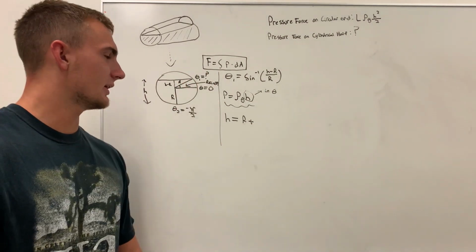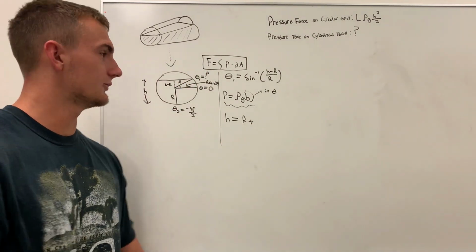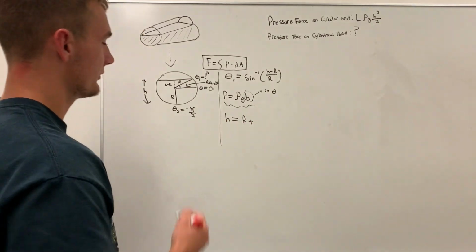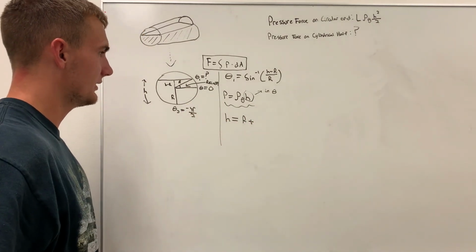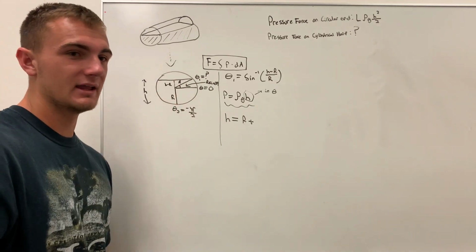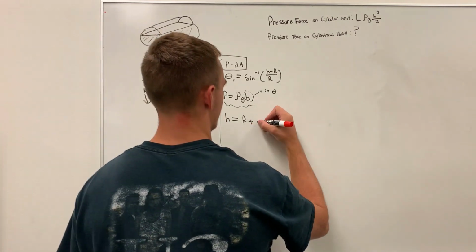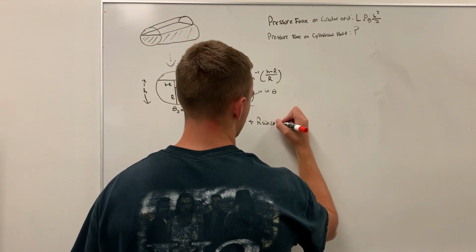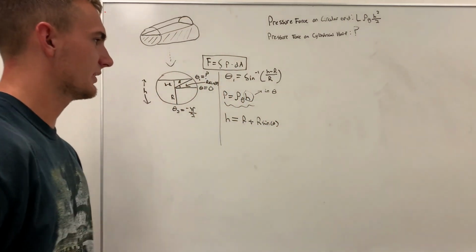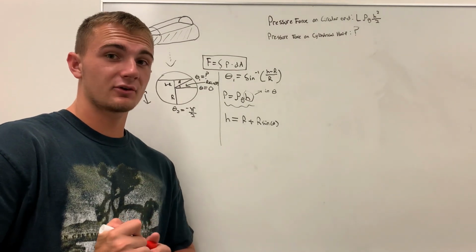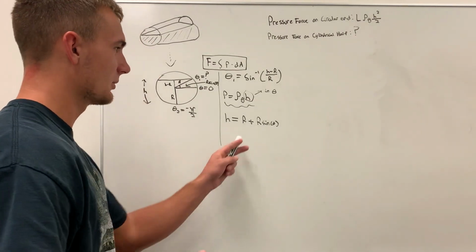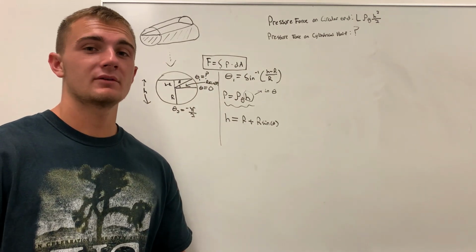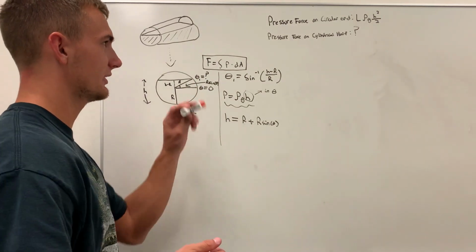This is the length inside that angle that I have drawn there. So if we add on r sine theta to r, that will give us our entire h, the height of the fluid. So we have r sine theta, and we now have an expression for height in terms of theta. That will allow us to plug it in for our pressure. But the next thing we'll have to look at is this differential area, dA.